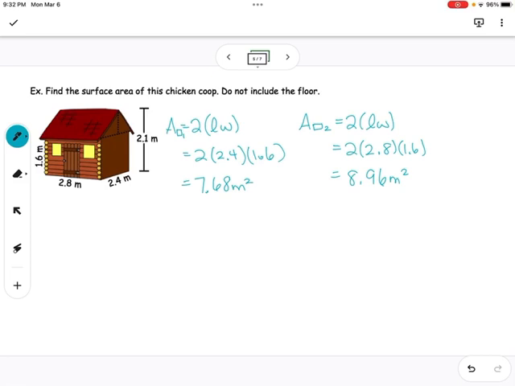Okay, now looking at the roof, we know the base of the triangle is 2.4. The height is the 0.5 that we found on the last slide, doing the 2.1 minus 1.6. So the area of the triangles, there's 2 triangles, and we are doing base times height divided by 2 as the area of one triangle.